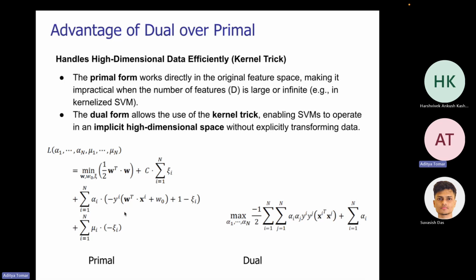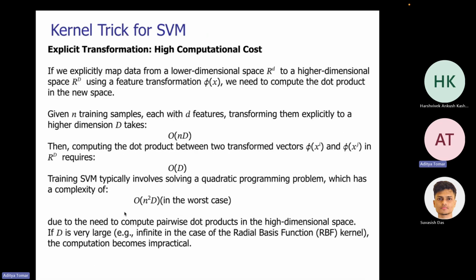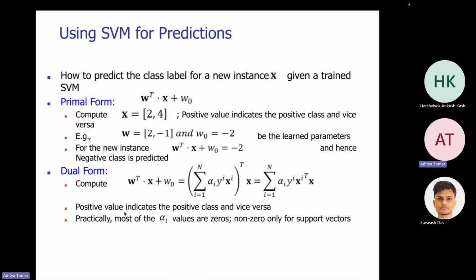Any doubt in the kernel trick? How do we apply the kernel during test time? Let's say there is a data point given to us, x star. During test time, we don't have the kernel matrix for the test data point, so you have to explicitly compute this, whatever the kernel function is.